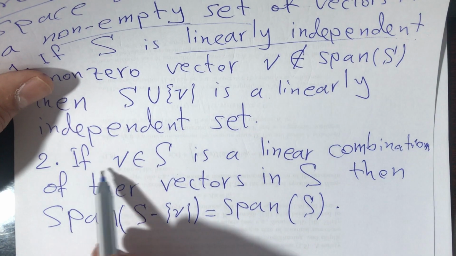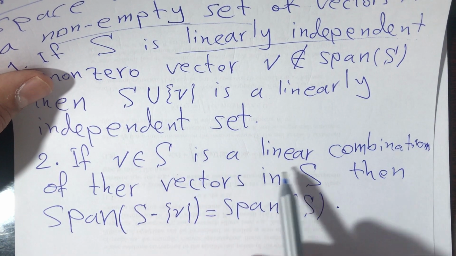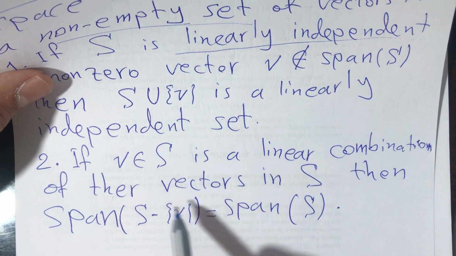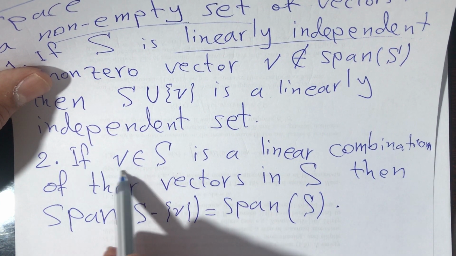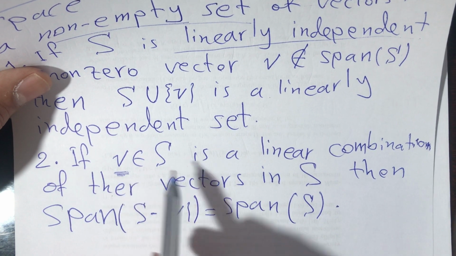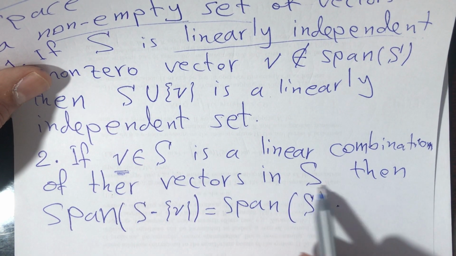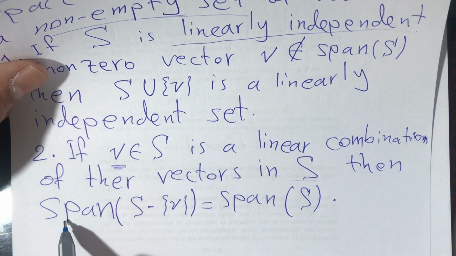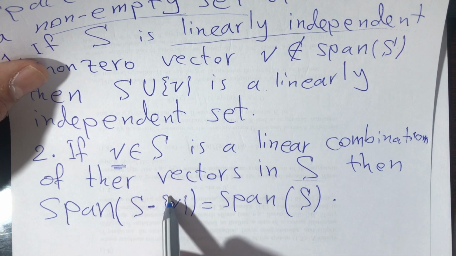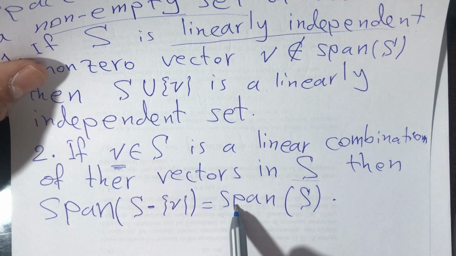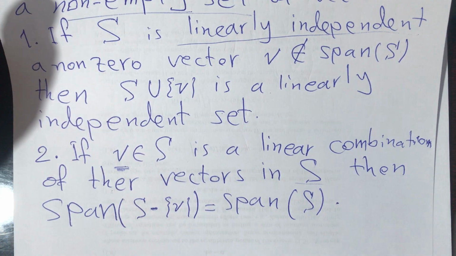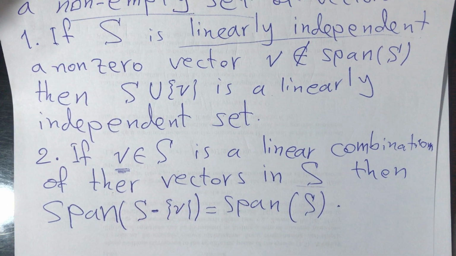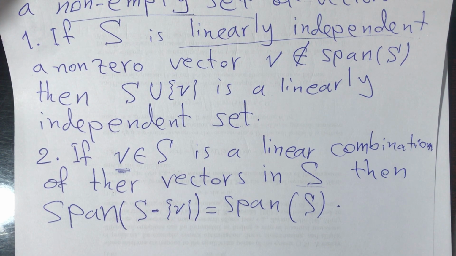Now the opposite. If v belongs to S and is a linear combination of other vectors in S, then span(S minus {v}) will be equal to span S. It will be the same. The spans of these sets will be the same.